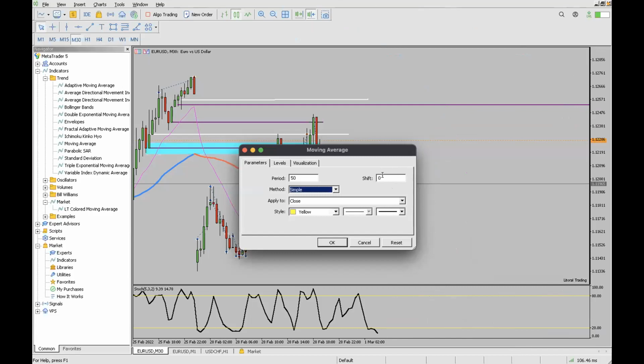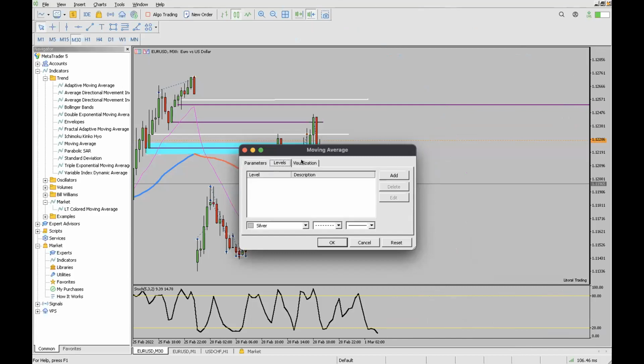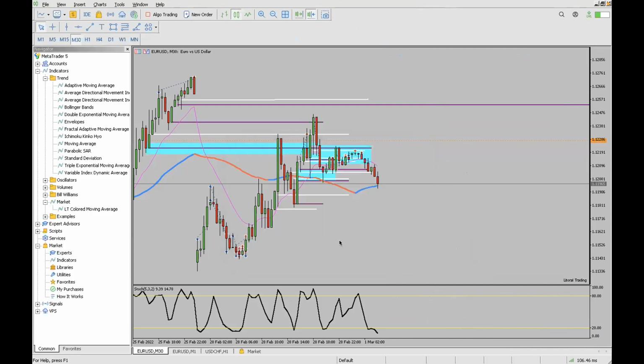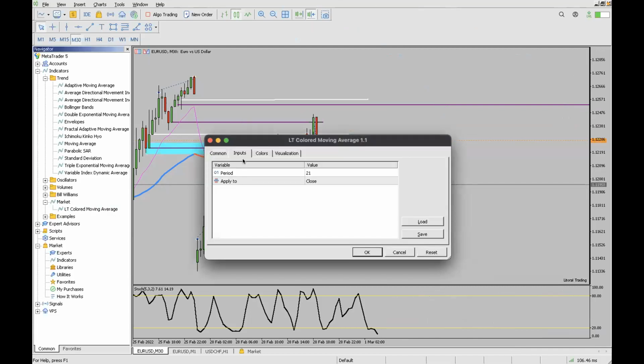Yeah, we're good there. Okay, go to your parameters. Okay, good. And if you want to leave the colors that way, that's cool. But you want to make sure, go back to inputs.